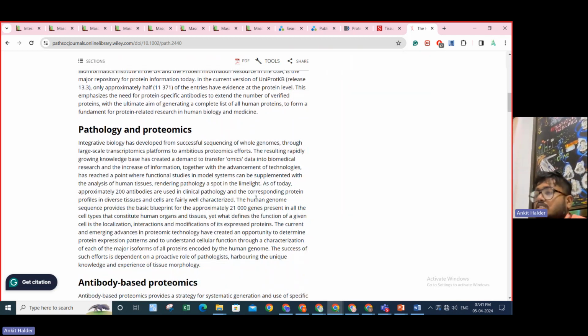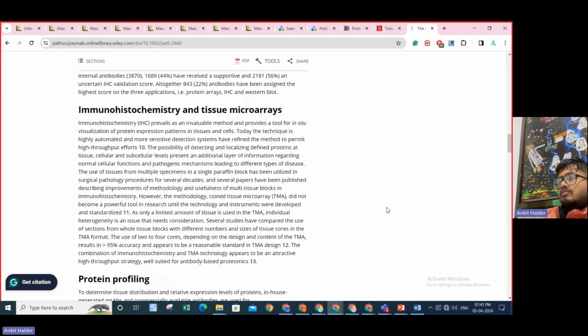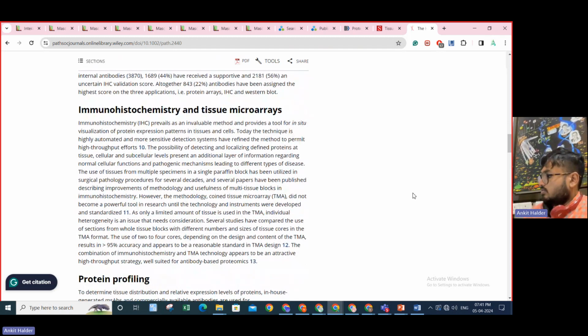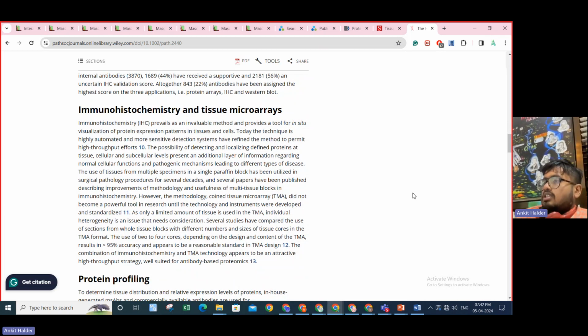transcriptomics to ambitious proteomics efforts, resulting in a rapidly growing knowledge base, has created a demand to transform omics data into biomedical research and the increase of information. Together with the advancement of technologies, we have reached a point where functional studies in model systems with the analysis of human tissues, antibody-based proteomics, immunohistochemistry, and tissue microarrays are invaluable tools for in situ visualization of protein expression patterns in tissues and cells.